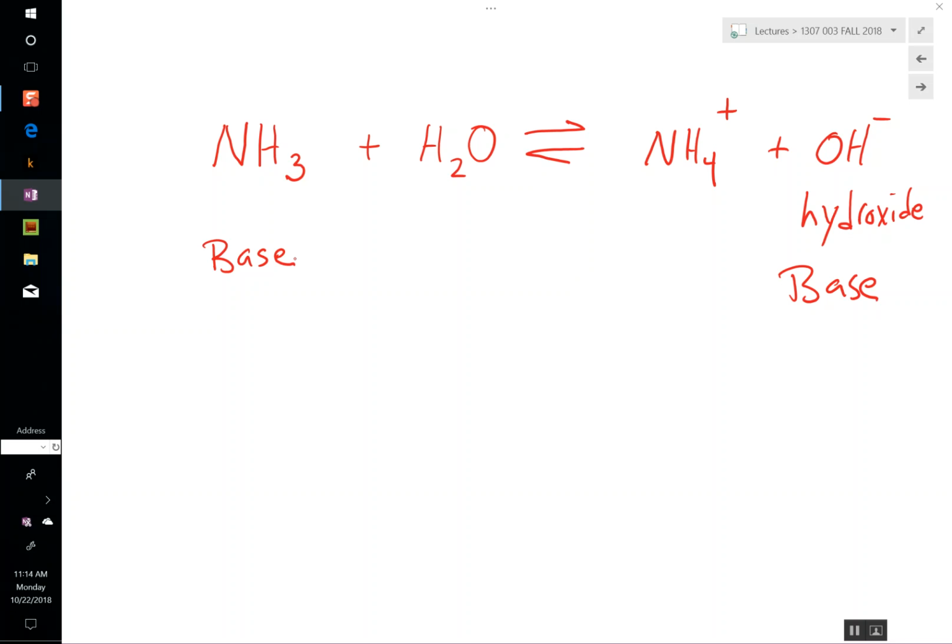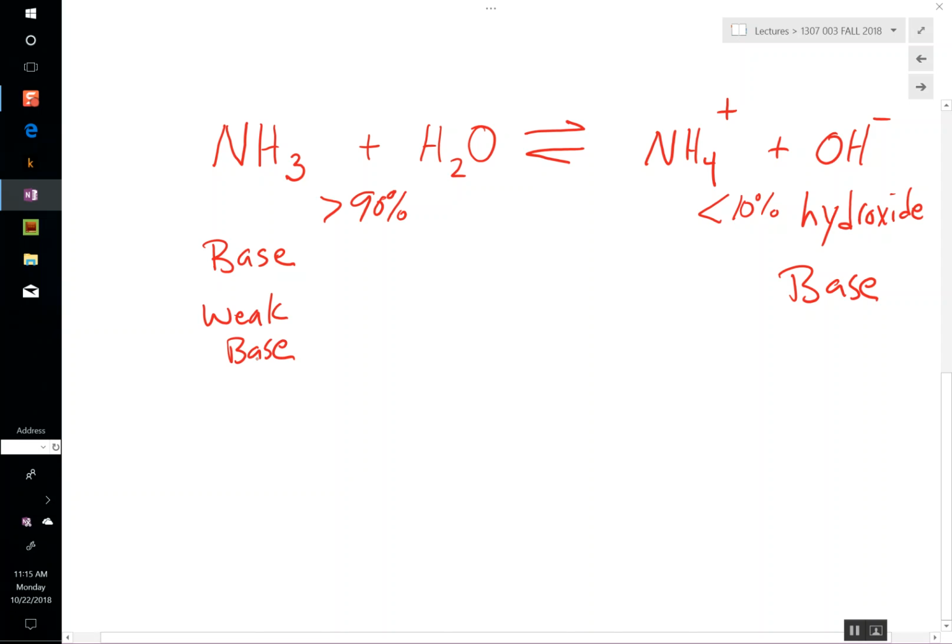If you bubble the ammonia into water, you don't just end up with ammonium hydroxide. You end up with ammonium hydroxide, ammonia, and water all mixed together. And actually greater than 90% of it is over here, and less than 10% of it, actually probably less than 3% of it, is actually ammonium hydroxide. So it is a weak base.